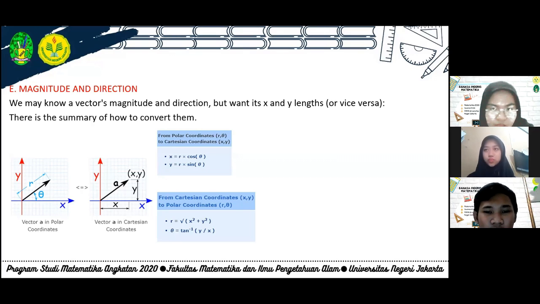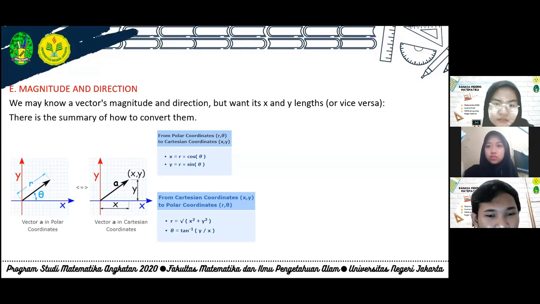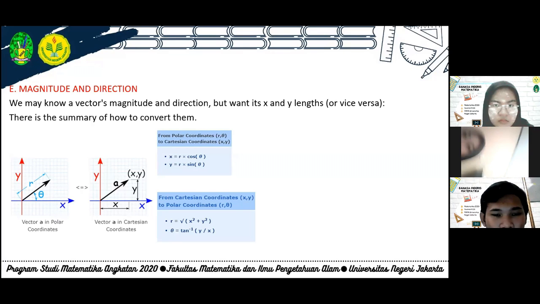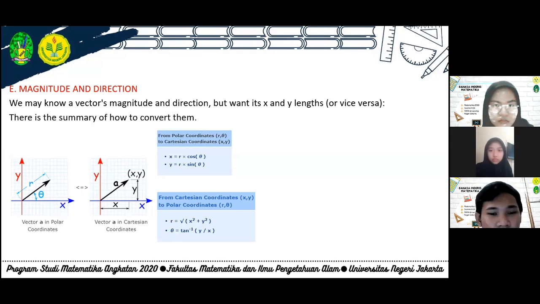From Cartesian coordinates x, y to polar coordinates r, theta, we use r equals the square root of x squared plus y squared, and theta is equal to arctangent of y over x.